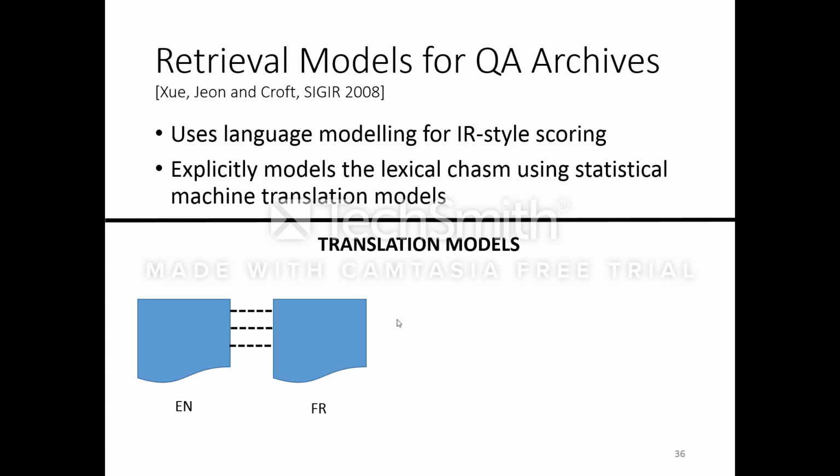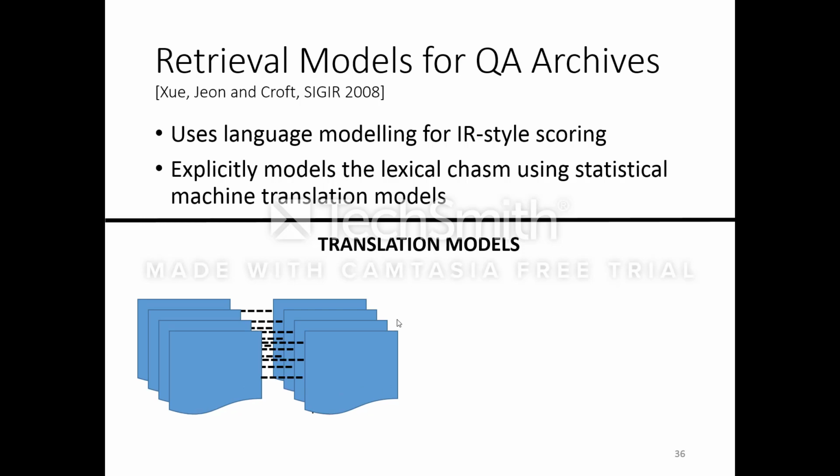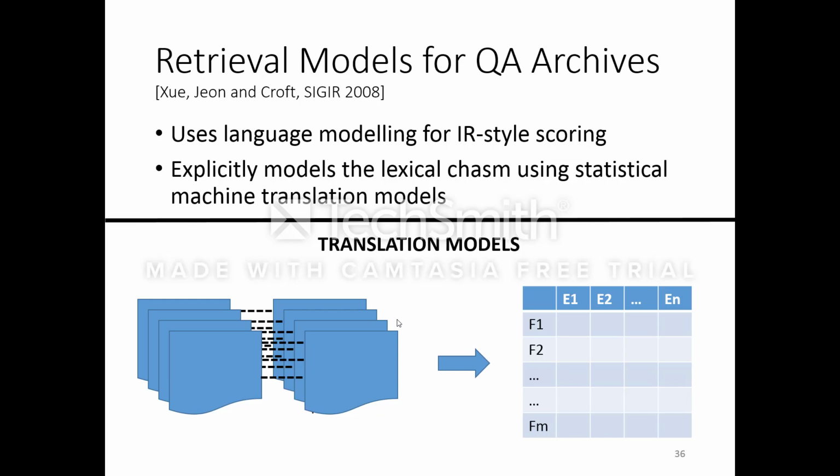Essentially, these models learn over large corpora of these parallel documents. So you might have a second pair, a third pair, and many such pairs. And using this parallel corpus, what they built, if you look at it in a very simplistic manner, of course I'm oversimplifying this a little bit, is essentially something that looks like a matrix. So you have English words as the columns and French words as the rows.